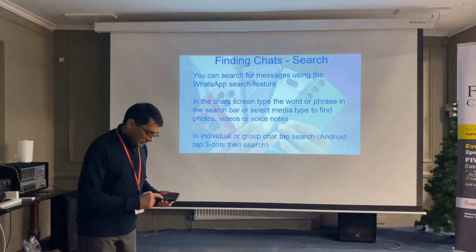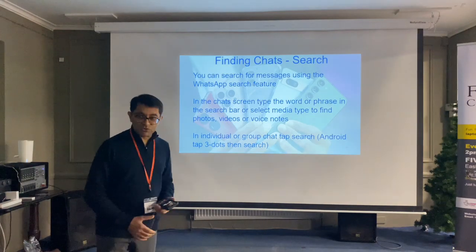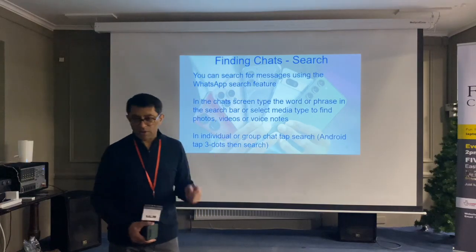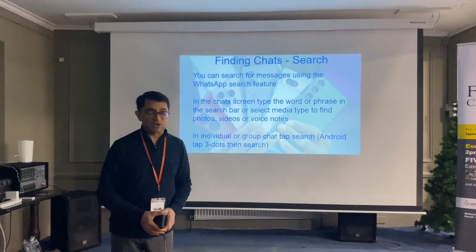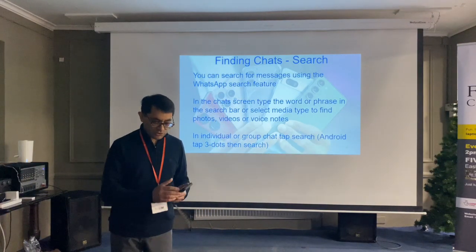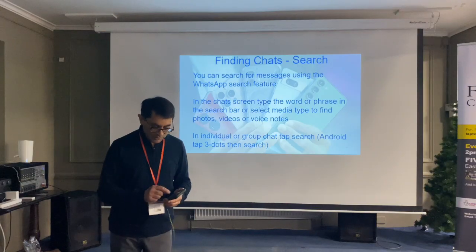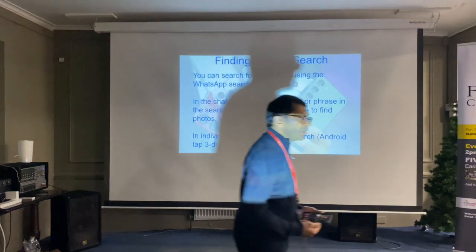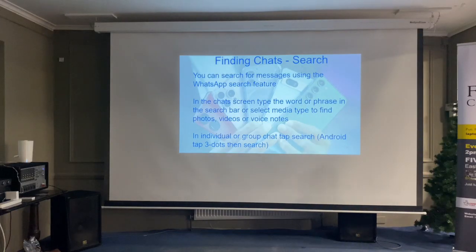When you're in the chat, at the top of the screen, there are 3 dots. On an iPhone I think it's a search icon. On Android there's 3 dots at the top. If you click on the search button, a search option will come up. So if you're on iPhone, you've got a search button. We've got both a search button and dots.